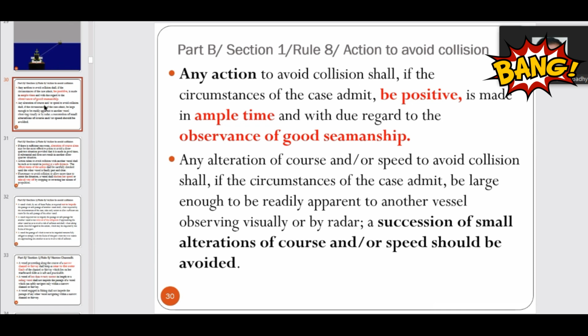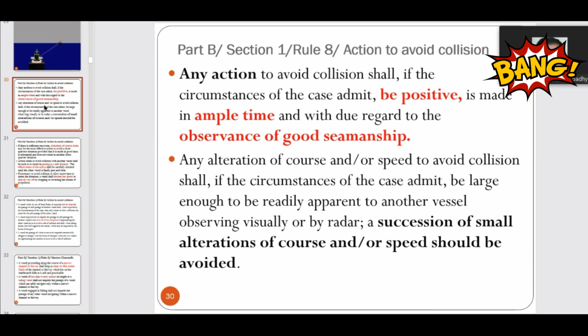Because you have taken the right action by observing the situation and circumstances, and you have taken it in the right time, so that in case any misjudgment further develops, you will take care of that. You have sufficient time to clear it, so that there is no further risk of collision because of that action.